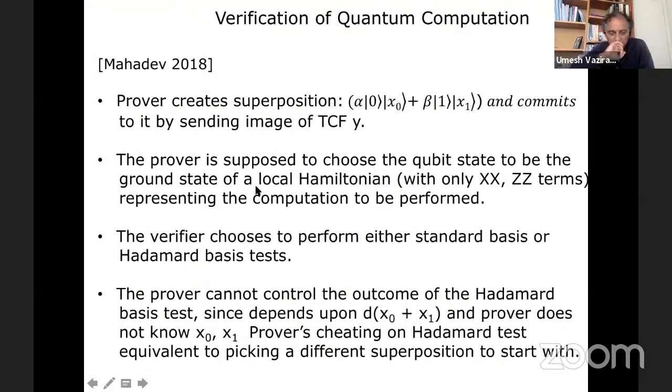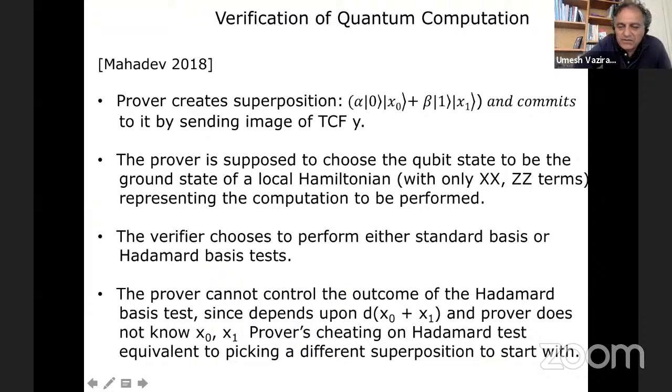Okay, so now let me just very briefly describe Urmila's result showing how to verify an arbitrary quantum computation classically, right?